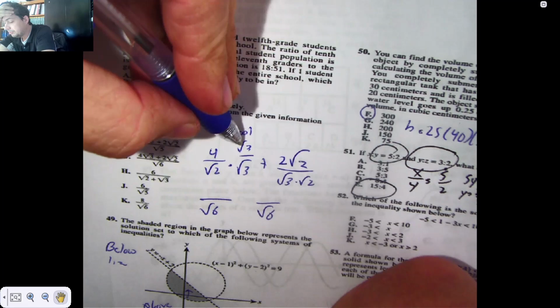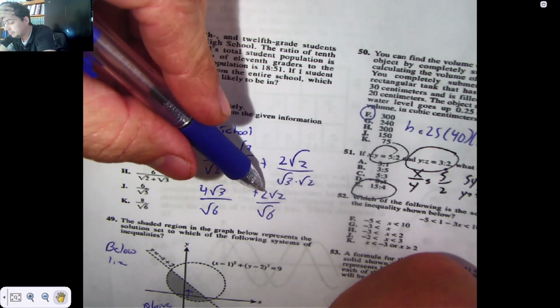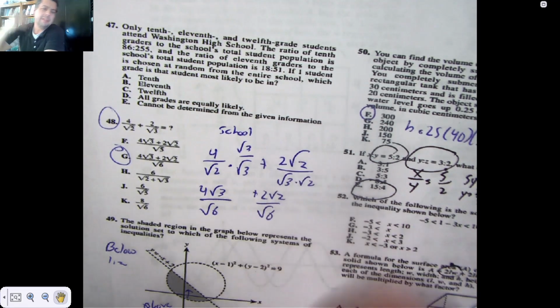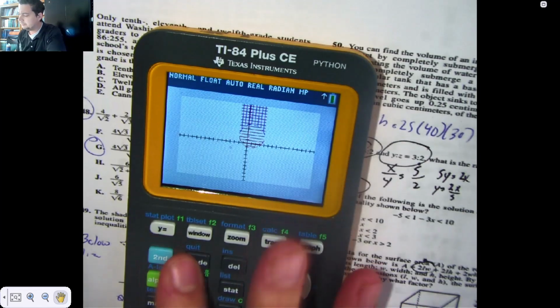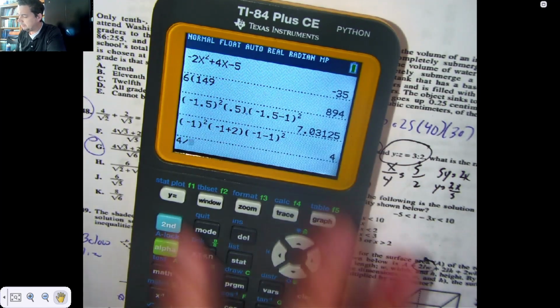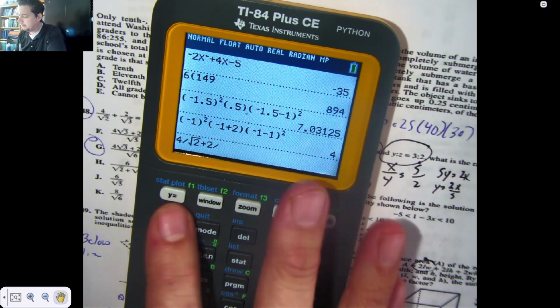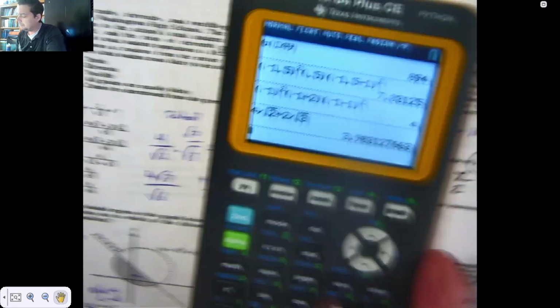So 4 times root 3 is 4 root 3 plus 2 root 2. So I'm looking for 4 root 3 plus 2 root 2, both over root 6. It's choice G. Now, you know, on the ACT, you have a TI-84 at your disposal. So you take 4 divided by root 2 plus 2 divided by root 3. You press enter, and then you look for the decimal equivalent.